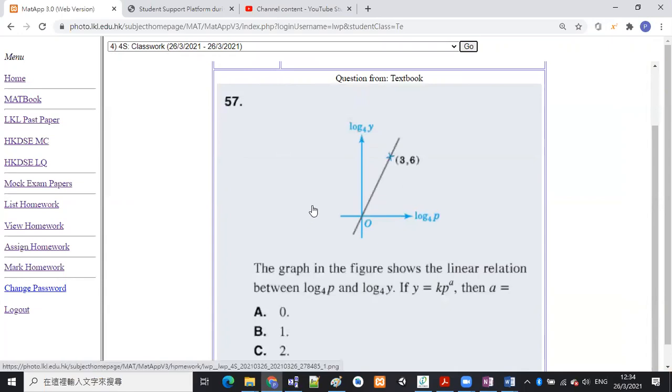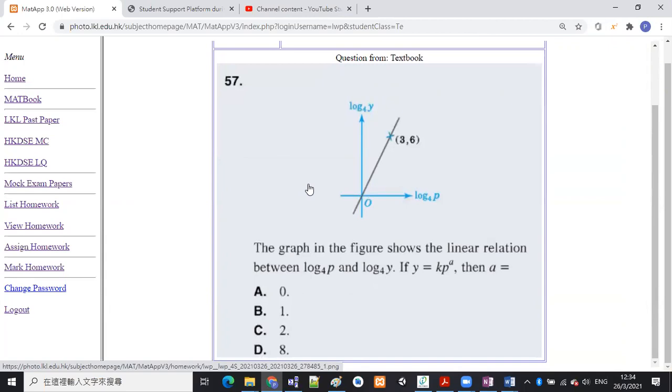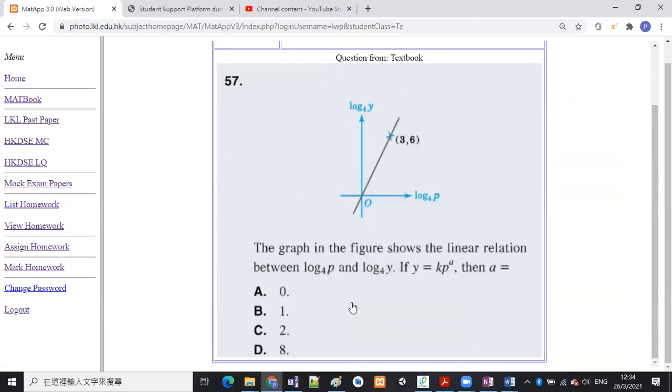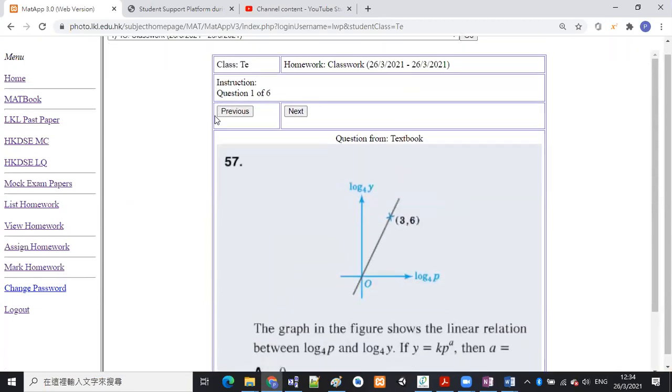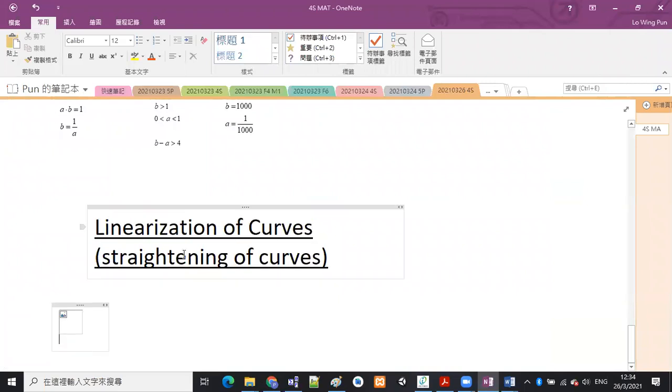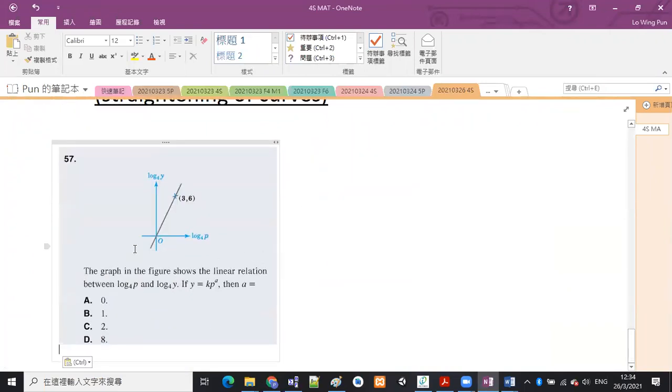Which is from the supplementary exercise 8, question number 57. The questions in this classwork are often asked in the DSE, so everyone has to know how to do this one. The graph in the figure shows the linear relation between log p base 4 and log y base 4.